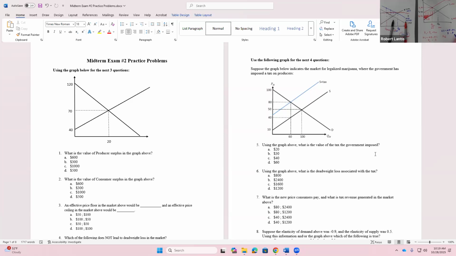Once we have a tax, it's going to be the price that consumers pay. So what's the difference between our demand curve and the price that the consumer pays after the tax? Here would be our consumer surplus. And we could calculate that area if I gave you the intercept, and we would just be looking at the area of a triangle there, okay?